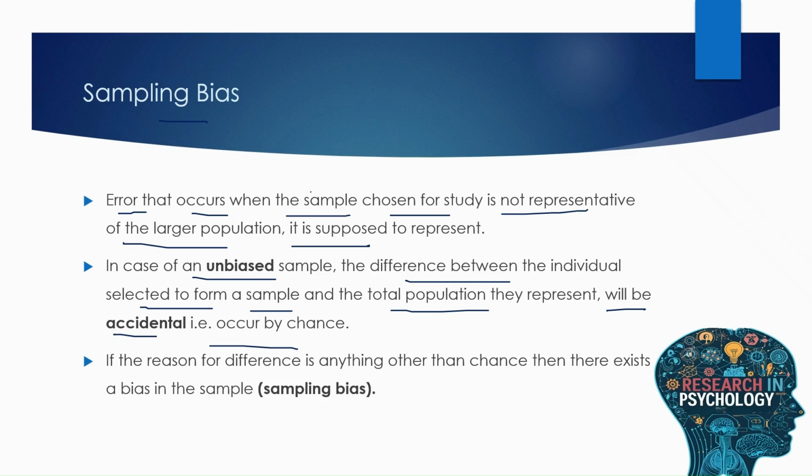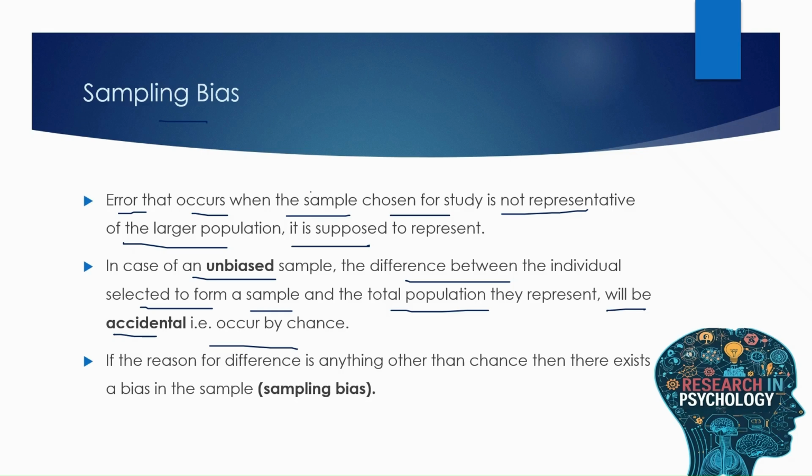We said that whenever the sample is selected, it has to be a true representation of the population. In case of sampling bias, if the sample you are choosing is not a true representation, that is because of the error. But in case you have chosen the sample randomly and there is no sampling bias, then if there is a difference between the characteristics of an individual and the characteristics of the population that the person belonged to, it is purely accidental, random, or by chance.